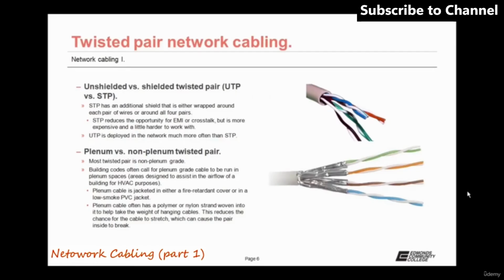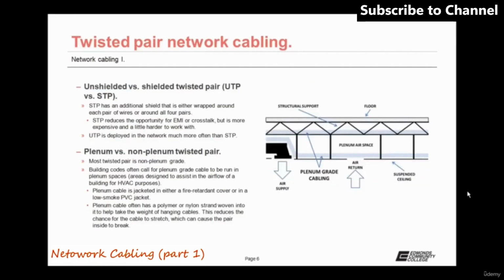The difference is that STP has an additional shield that is either wrapped around each pair of wires or around all 4 pairs of wires. That shielding reduces the opportunity for EMI or crosstalk, but it is more expensive and a little harder to work with because it's not as flexible. UTP, or unshielded twisted pair, is deployed in the network much more often than STP.